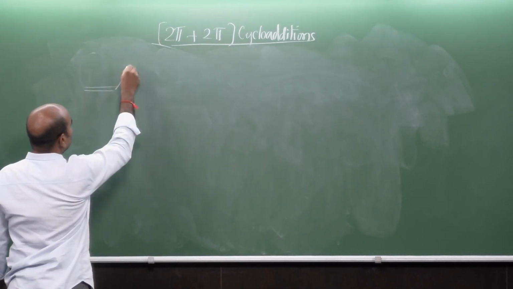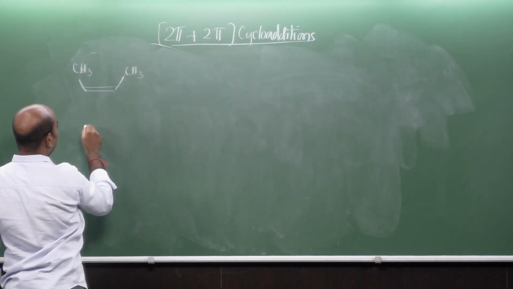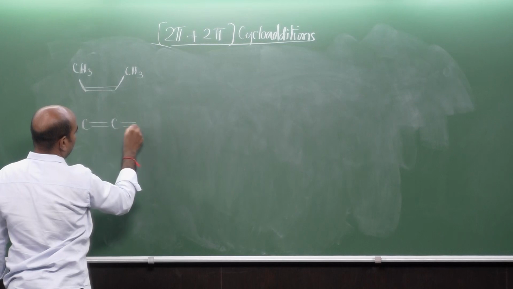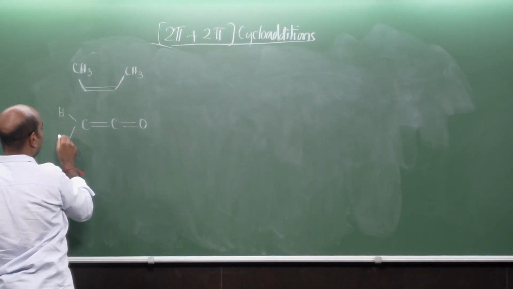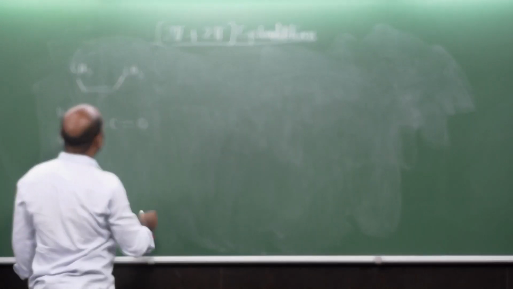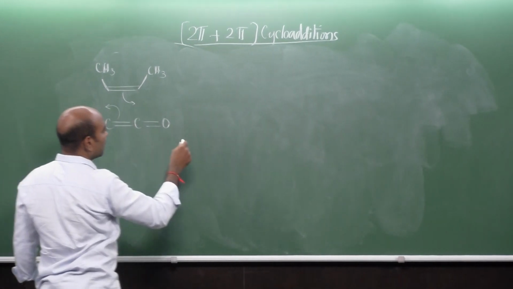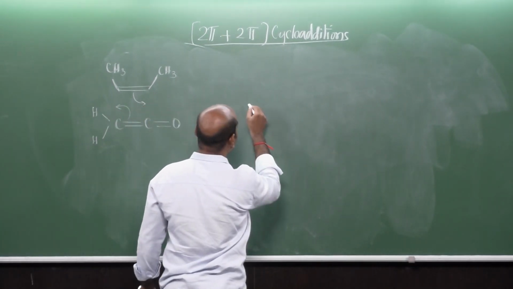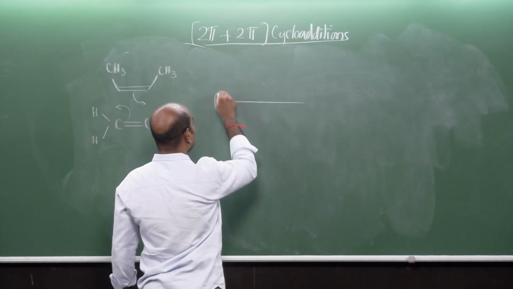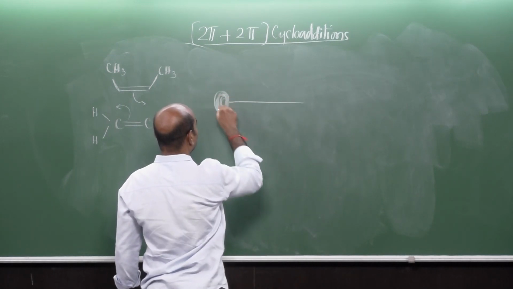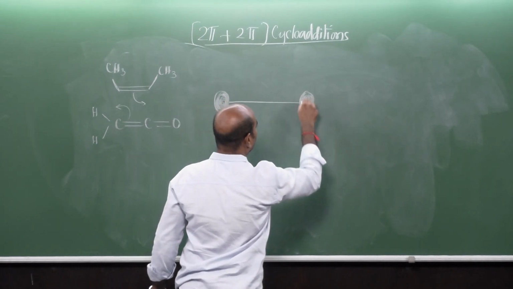So, this is cis 2-butene and this is a ketene, right. So, generally cycloaddition should take place here, resulting in the formation of a cyclic molecule. But how it will happen: this is the olefin where the orbital is shown in the plane of the molecule.